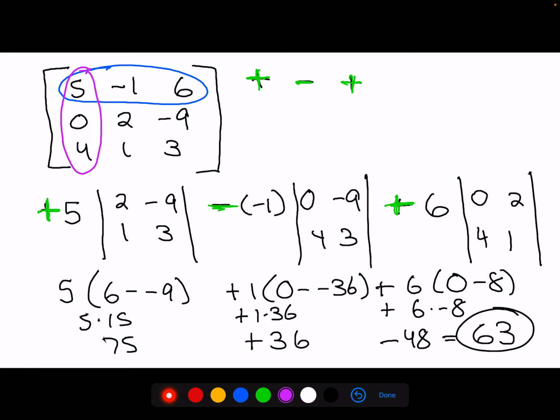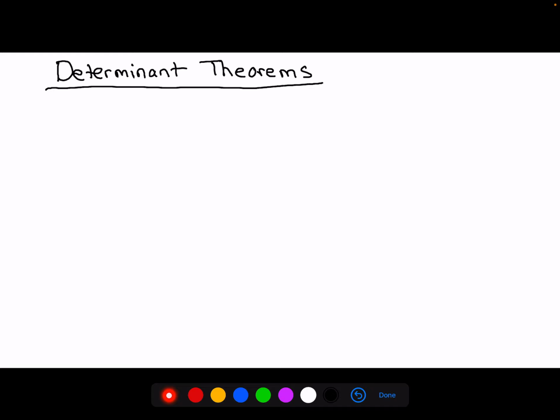So let me do these determinant theorems and then save a new video for Cramer's rule. If you have a matrix where you can use these theorems, they can save you some time and energy. It can make a big difference.